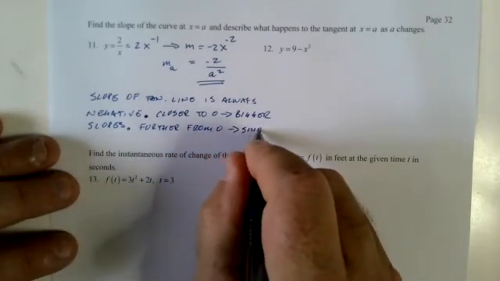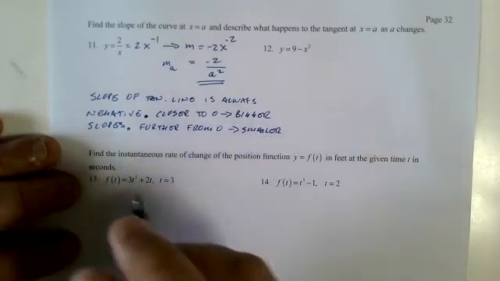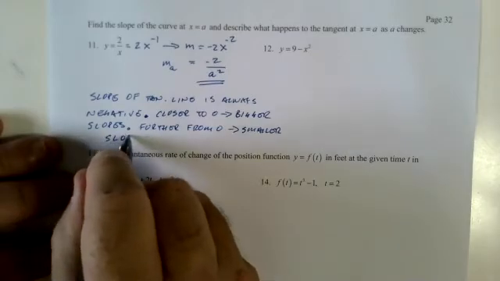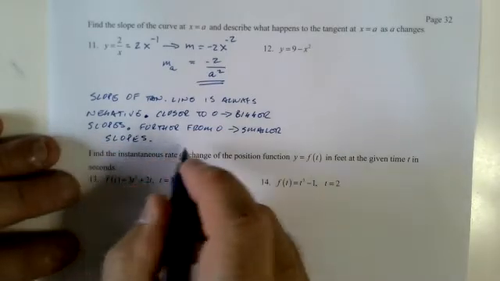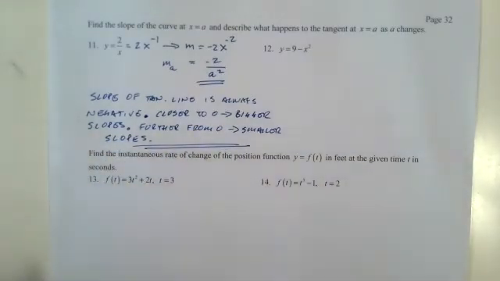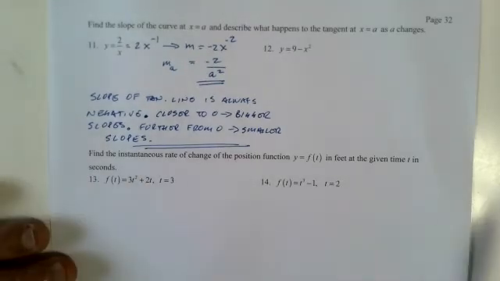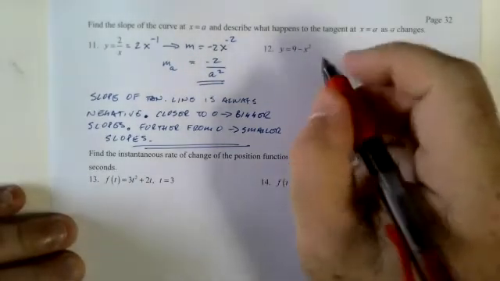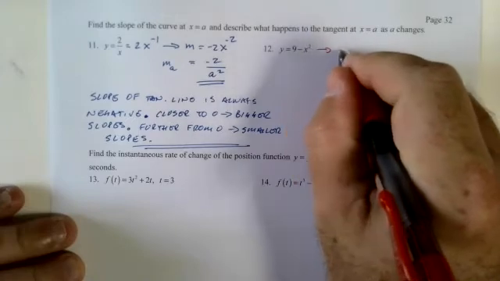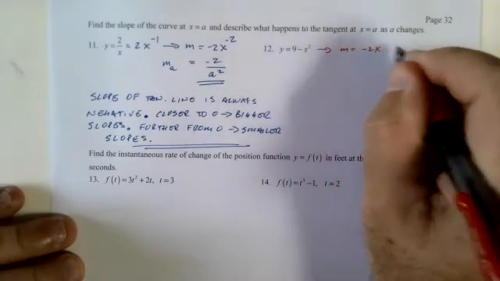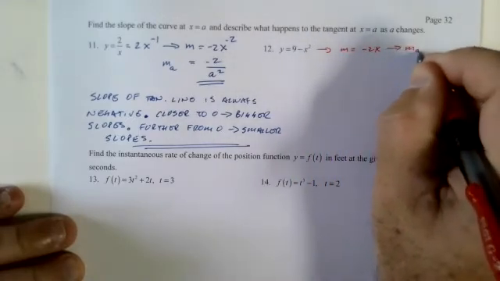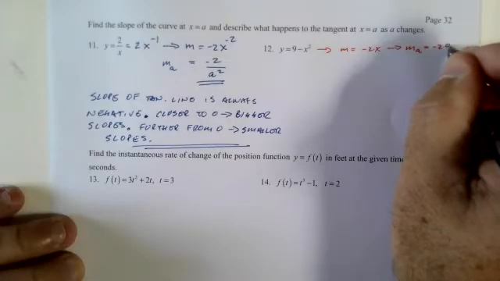And when we are further from 0, smaller slopes. If you didn't write any of this down, yeah, that's fine. Don't worry about it at all. Okay. So m equals -2x. M at a equals -2 times a.